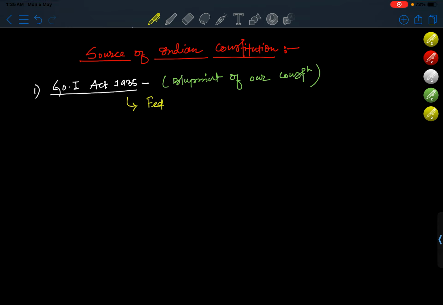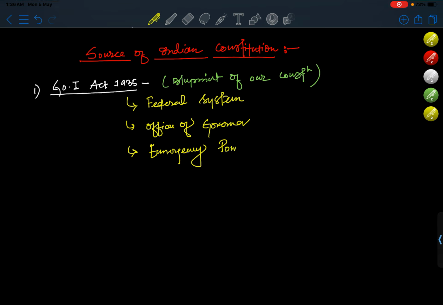Those are the federal system, the office of governor, and emergency power. So in the examination they can directly ask, suppose, the office of governor has been inspired from which historical act. At that time you should know it has been inspired from the Government of India Act 1935.